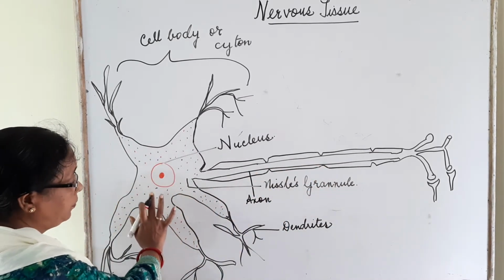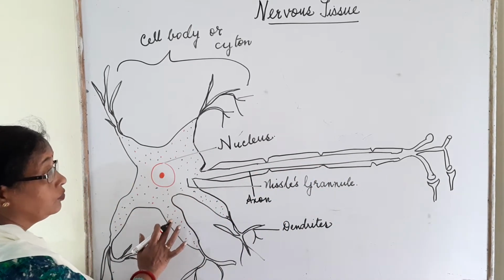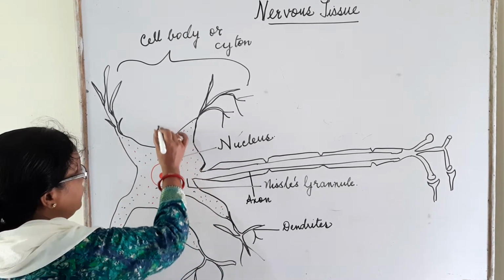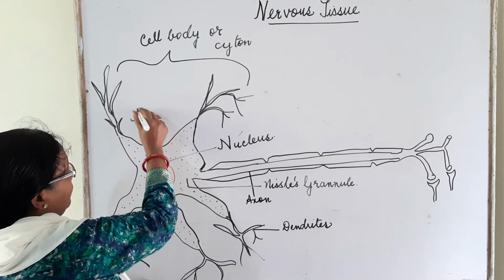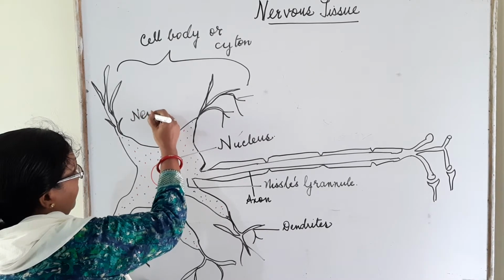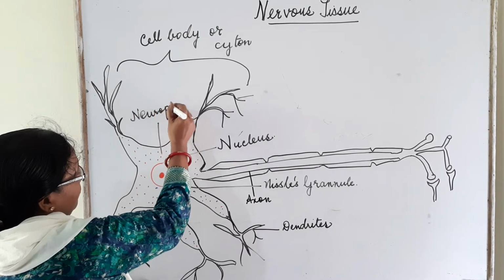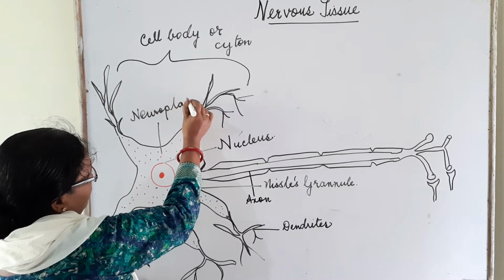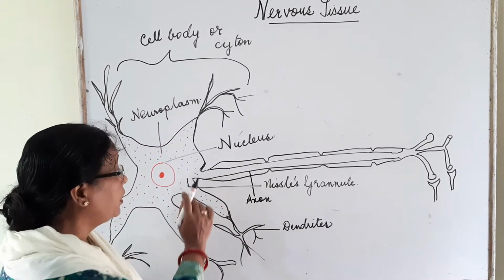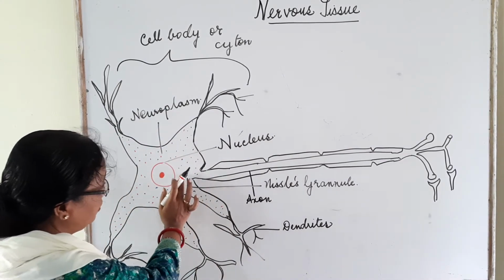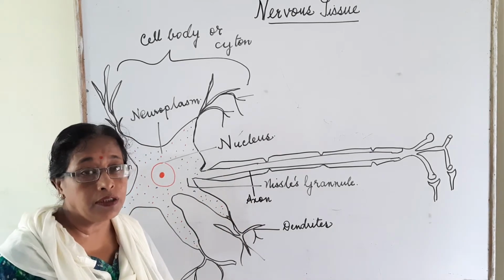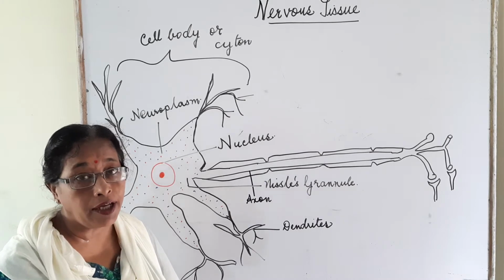The cytoplasm present inside the cyton is known as neuroplasm. The Nissl's granules are round granulated structures and they contain ribosomes.